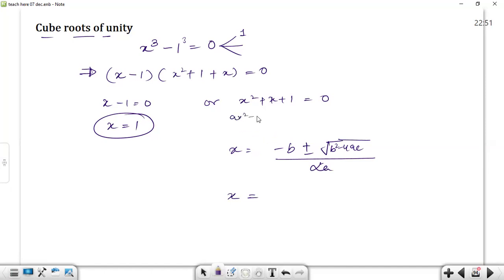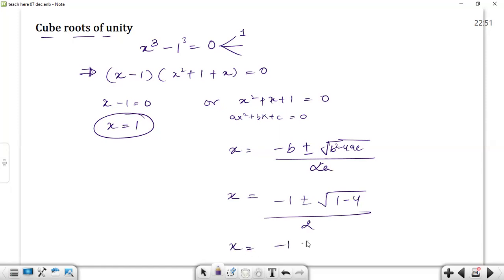A is the coefficient of x square, b is the coefficient of x, c is the constant. So a is 1, b is also 1, c is also 1, everything is 1. So minus of 1 plus minus square root of 1 minus 4, divided by 2 into 1.